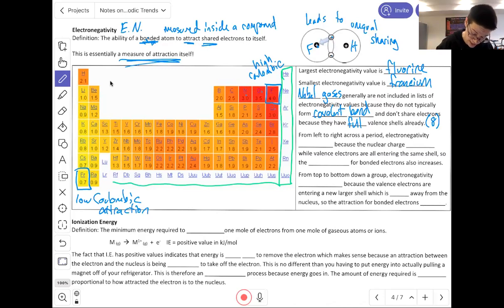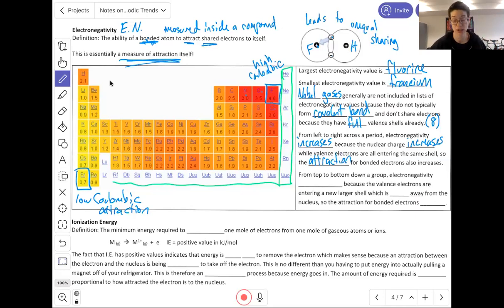So from left to right across a period, the electronegativity increases because the nuclear charge increases. You're plugging all the valence electrons into the exact same energy level. So your attraction for bonded electrons is going to increase. Right?